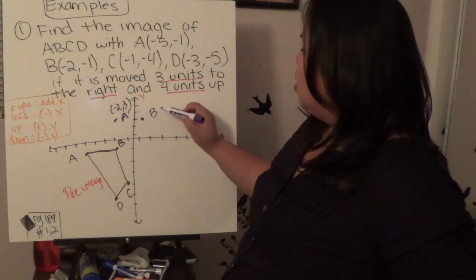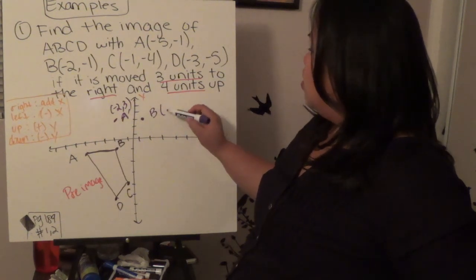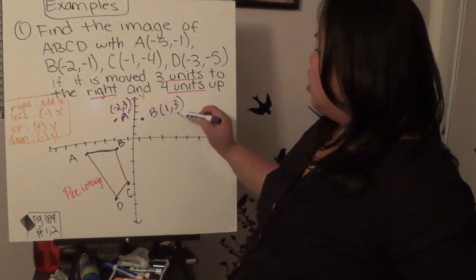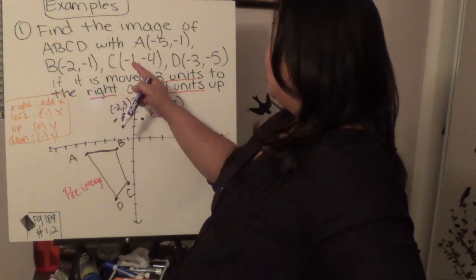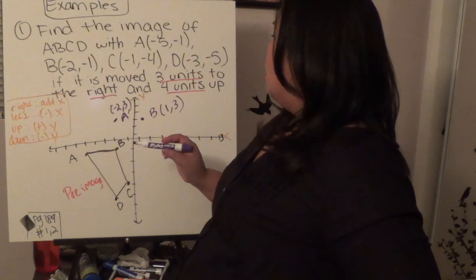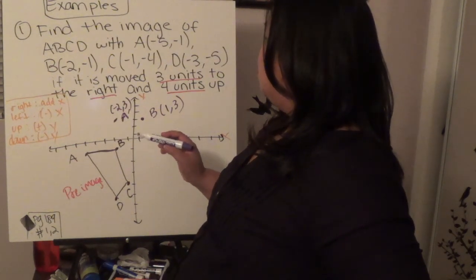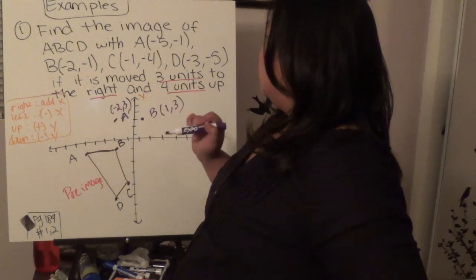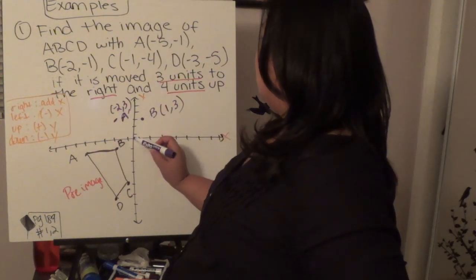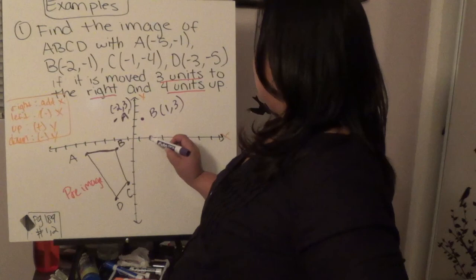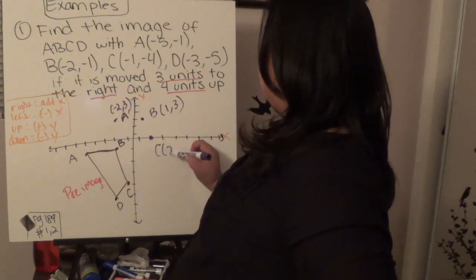This would be B, so this would give me 1, 3. Okay? My next one would then be C, -1 plus 3, which would give me 2. And then -4 plus 4, which would be 0. So 2, 0. So this is my C.